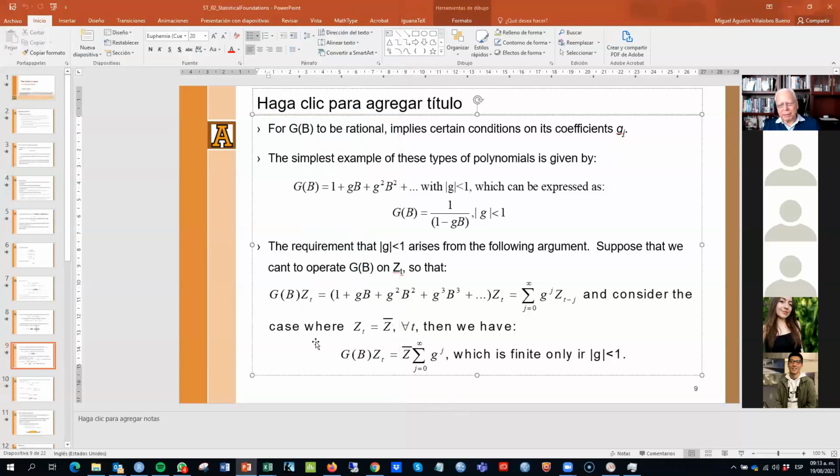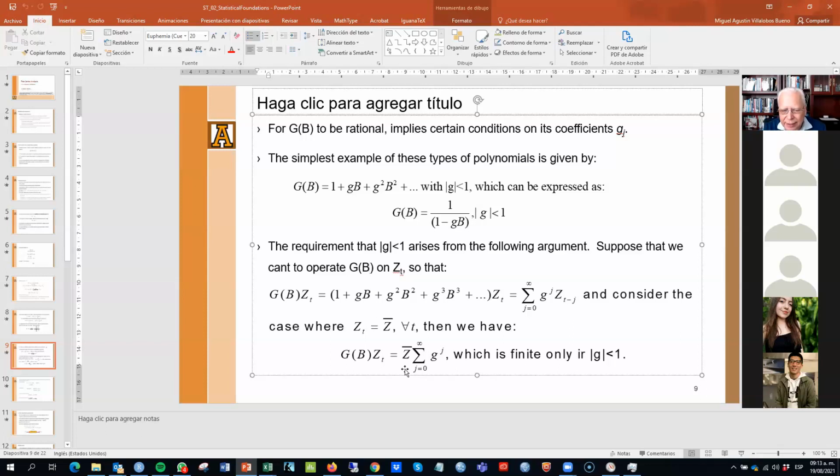But this is clear. If Z_t has a constant mean for every t, then when I apply the backshift polynomial G(B) to Z_t, I would need to get a finite thing.